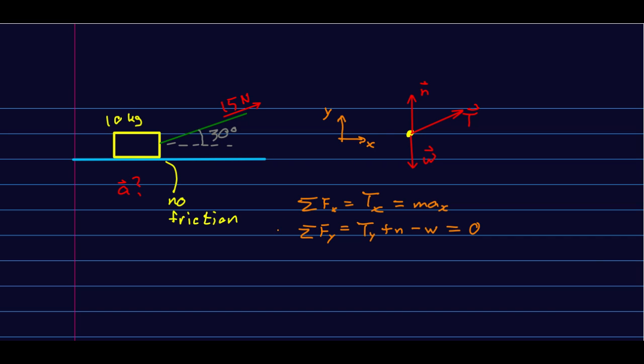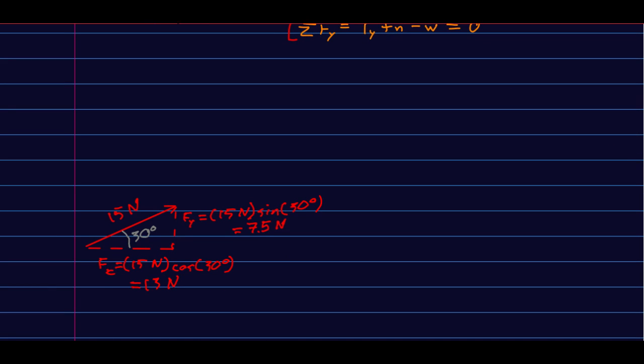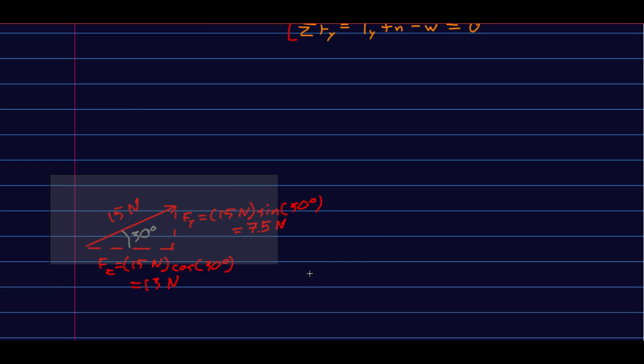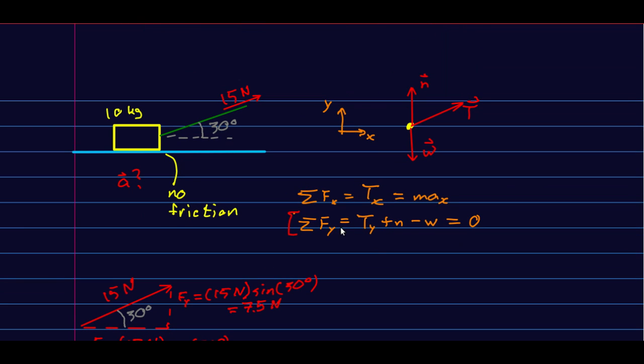But now look, we don't need the y component here. This is perfectly solvable. We just have to do a little bit of trig for our Tx, which I've already done. So here it is if you want to check my math. All right, so there's the trig for T. And so now I can just solve for max.